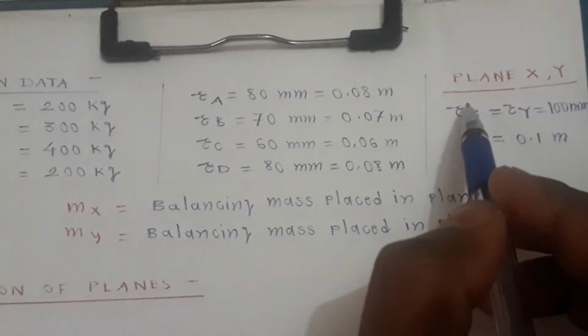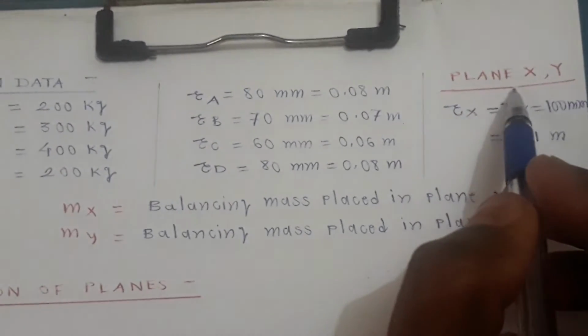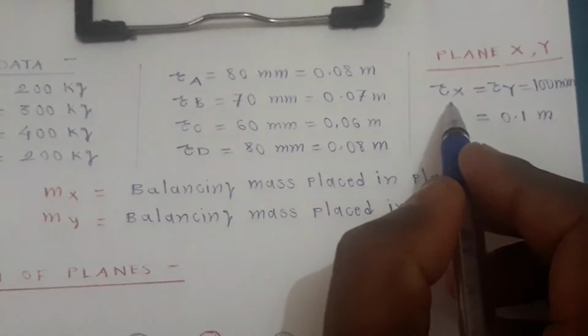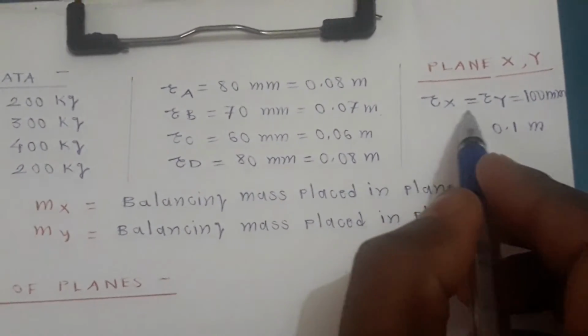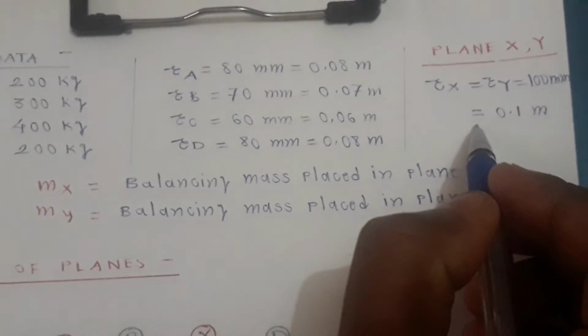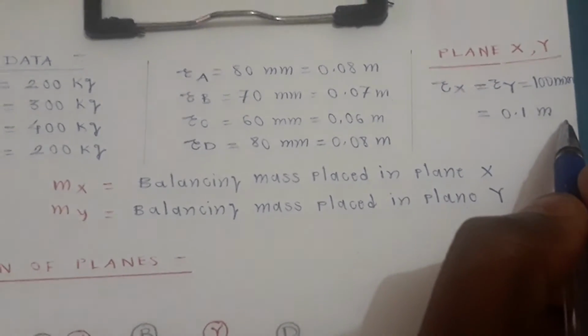Then the balancing masses are placed in the two planes, that is X and Y, at the radius Rx and Ry equal to 100 millimeters. So it means 0.1 meter.